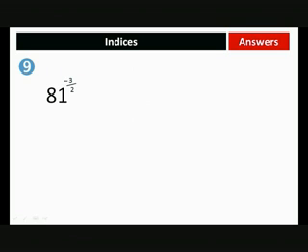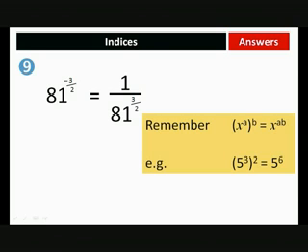Question 9. 81 to the power of minus 3 over 2. Well, remember that the minus power means the same as 1 over the positive power. So that's the same as 1 over 81 to the power of 3 over 2. And again, remember that rule about one power raised to another power is the same as multiplying the powers.